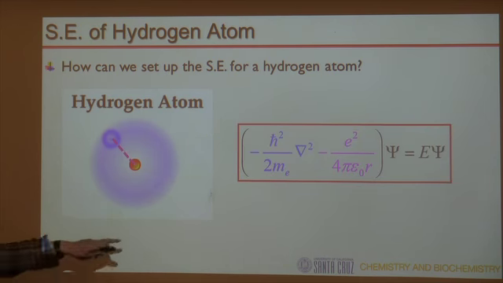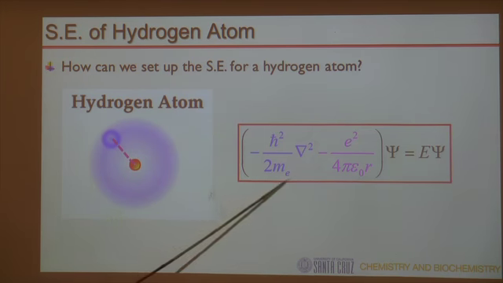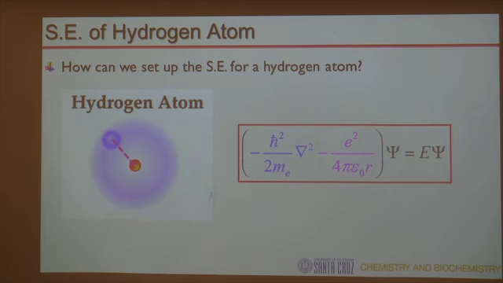When we set up the Schrodinger equation, we only need to care about the Hamiltonian operator. The other part is just the operator acting on the wave function equals the total energy times the wave function. That's nothing new, so the only tricky thing is the Hamiltonian operator. The Hamiltonian operator consists of the kinetic energy operator plus the potential energy operator.